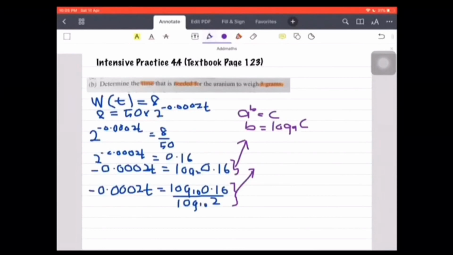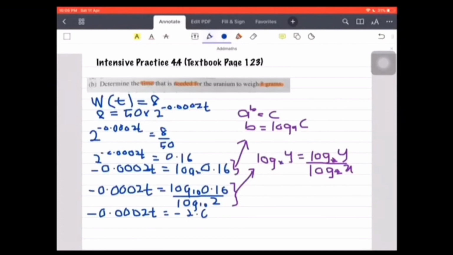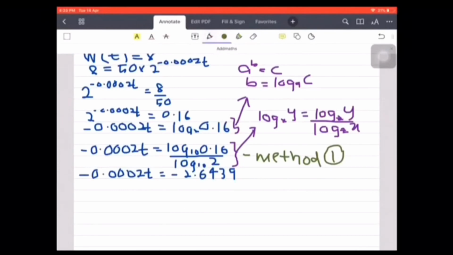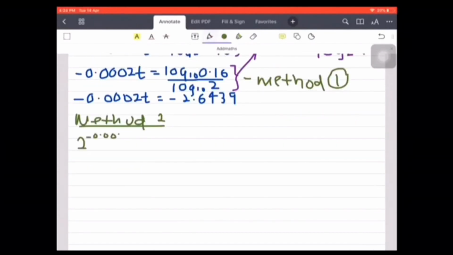Here we are using this law of logarithm, which is log base x of y equals log base z of y over log base z of x. This is method 1 and we have method 2.